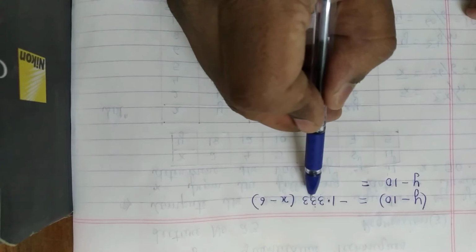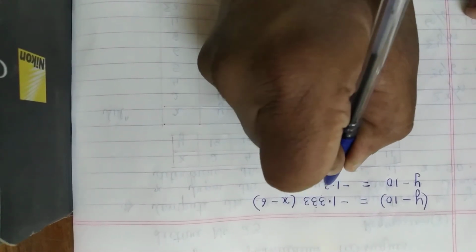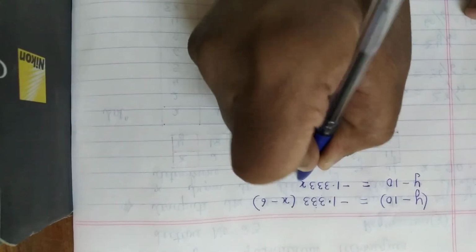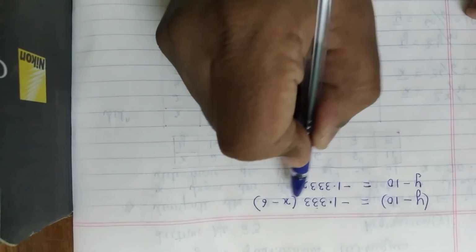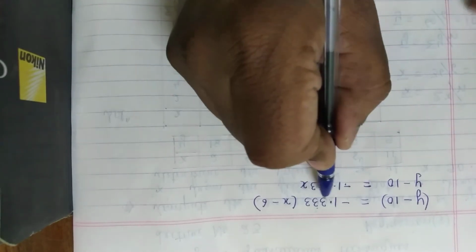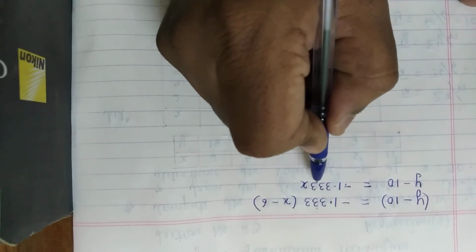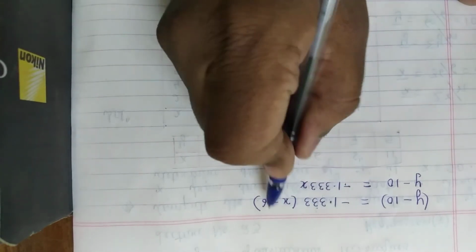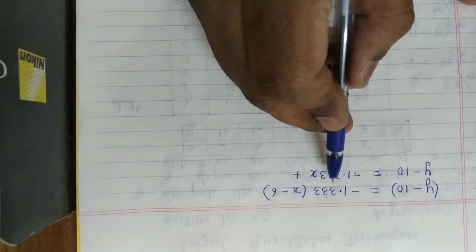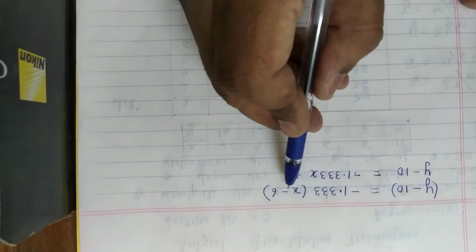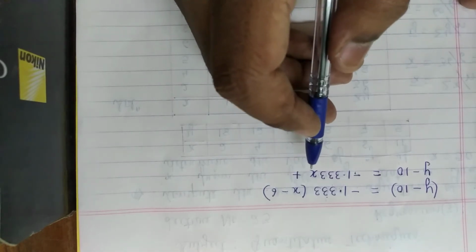So minus 1.333 into x becomes minus 1.333x. This is plus, this is minus, so minus into plus is minus, so 1.333 multiplied by x is minus 1.333x. Now minus into minus is plus: 1.333 into 6, that is nothing but 8.